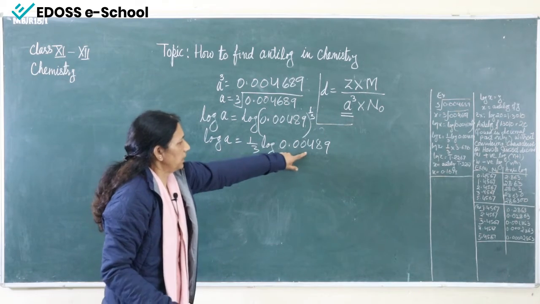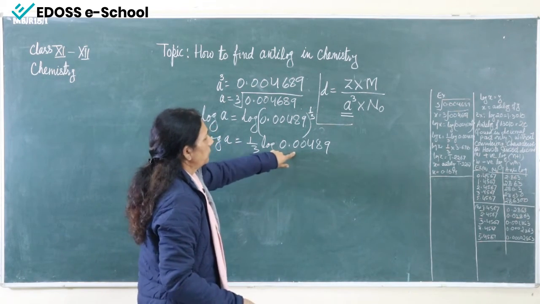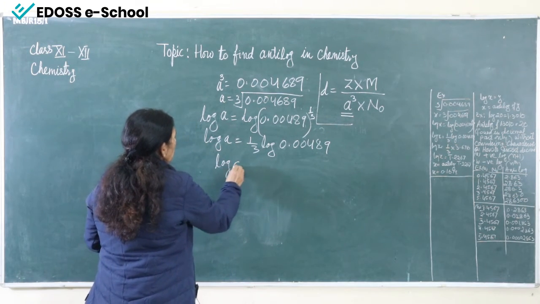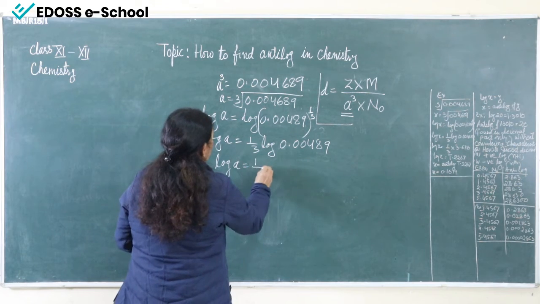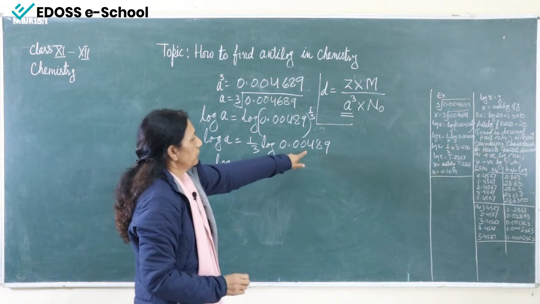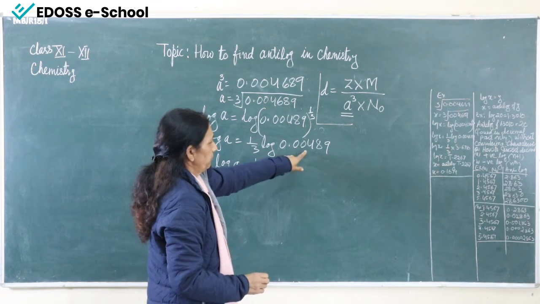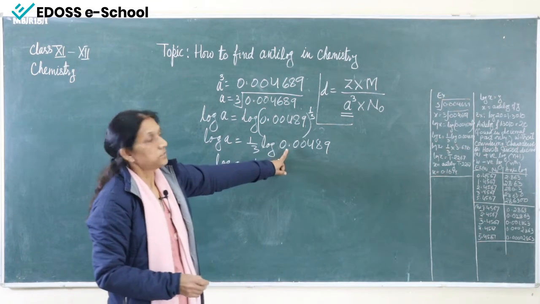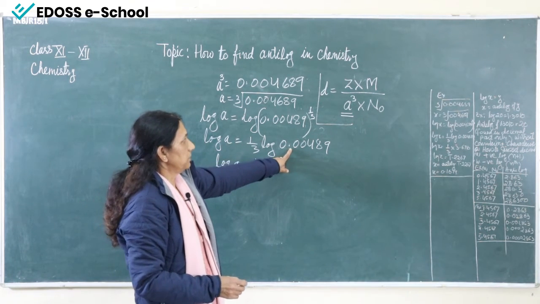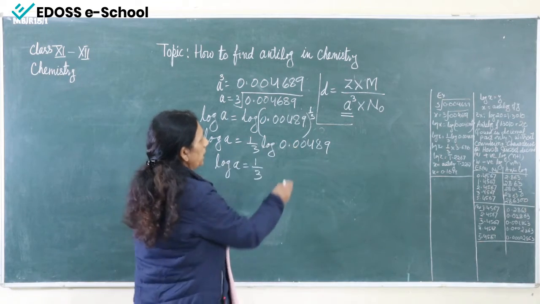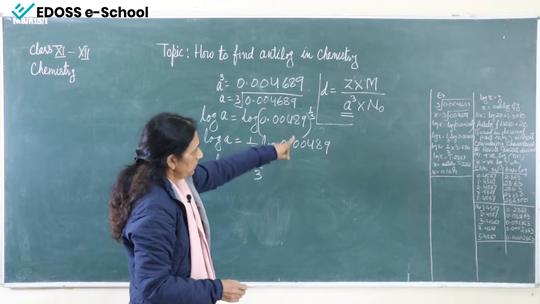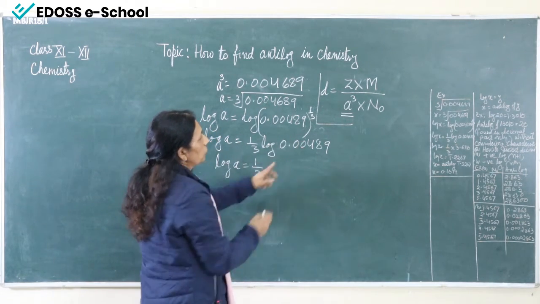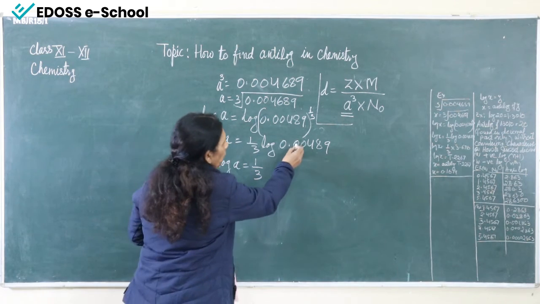Okay. Now, this value we have to find with the help of the log table. Okay. So, see here log A is equal to 1 upon 3 and with the help of the log table, now we have to find this value. Okay. So, first, because the number is less than 1, that means this is negative number and the characteristic of this number will be according to the log table rule.